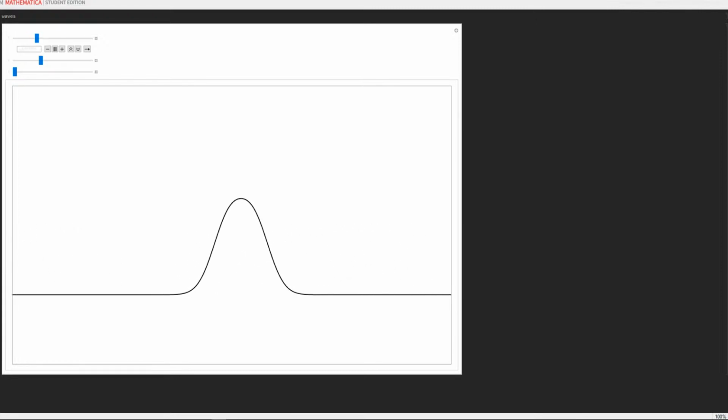I see one wave creeping forward, whereas the other one's moving much faster to the left. And I can keep going. I can keep increasing my speed to the point where I actually start to see both of the waves traveling to the left. This is just traveling faster than the speed of sound. There's nothing wrong with it. I'm not breaking anything. It's just which reference frame I'm deciding to be in.